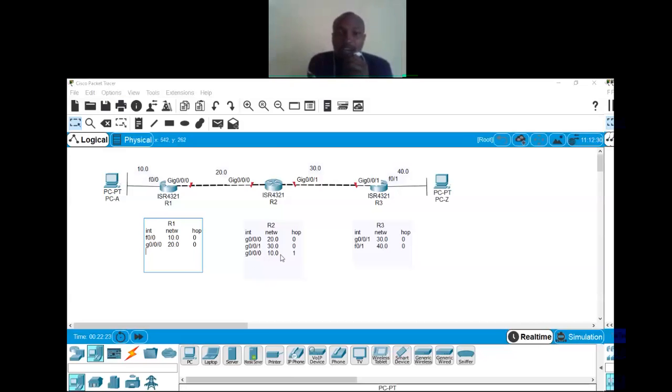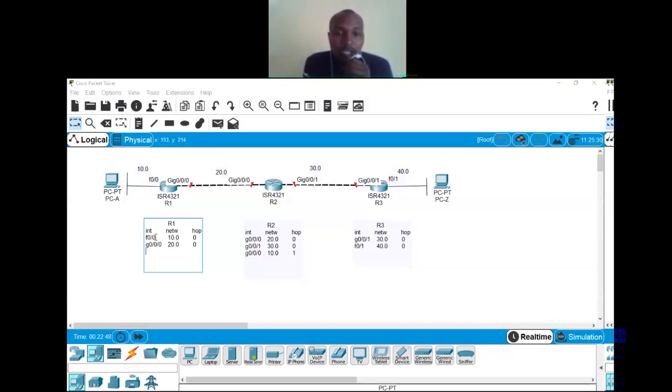Anything you learn via a certain router, you can't send it back to the same router. We call it split horizon. You can't send data that I've sent to you back to me. So basically R2 will only send data containing gig 0/0 of 20.0 and gig 0/1 of 30.0. Those are the two networks R2 will send to R1.